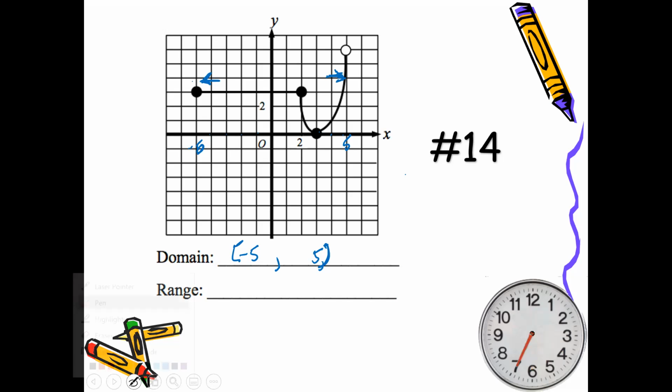And then your range is how far up do you go to? It looks like we're at 1, 2, 3, 4, 5, 6. And then how far down do you get to? It looks like it is at 0. And is it a function? Well, it's not going to be a function if you come over here because it does touch this at 2 points. So I will just say not a function.